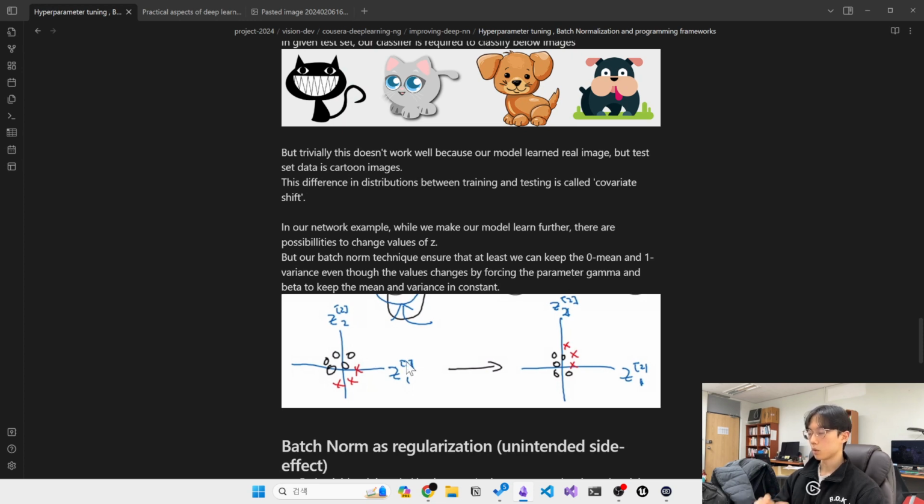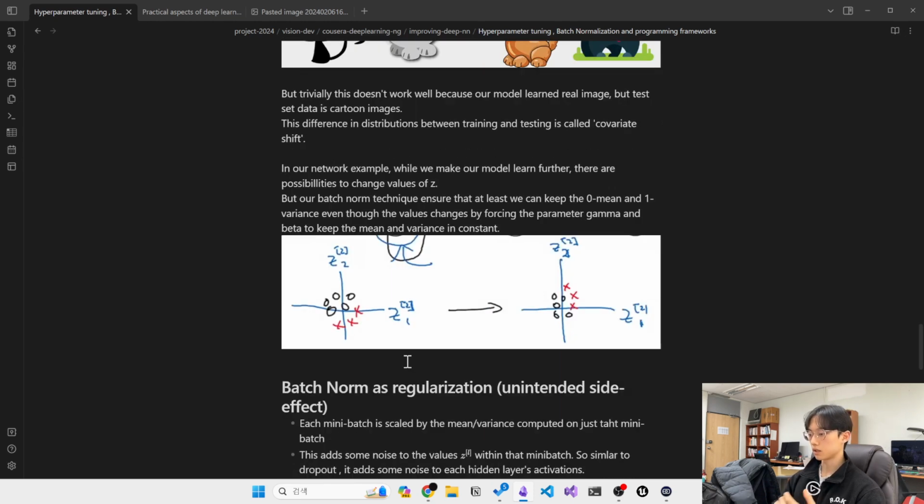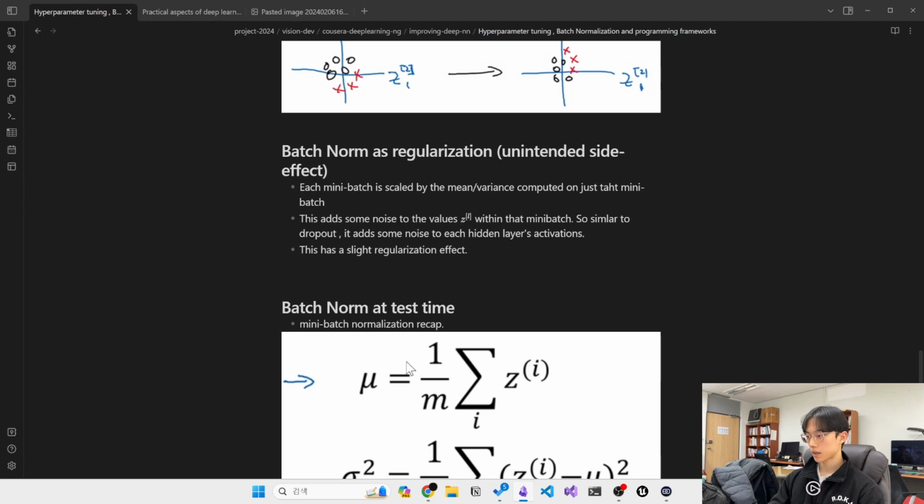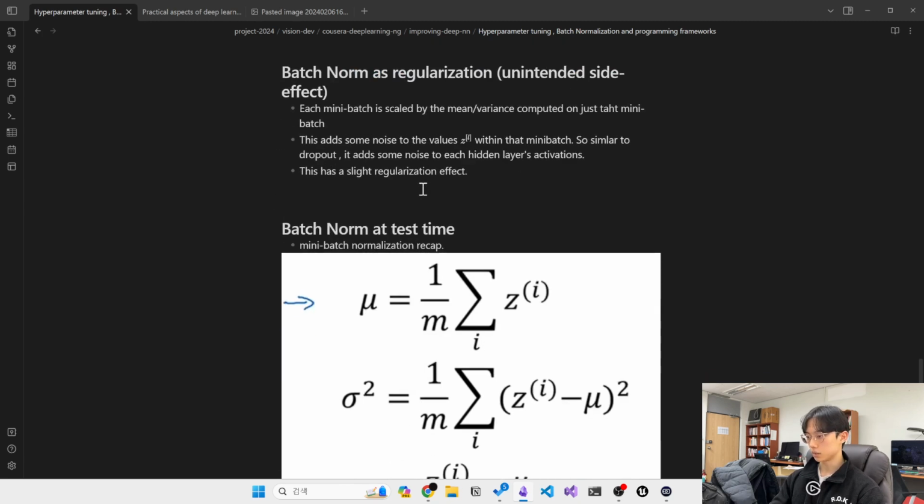But what batch norm does, by learning gamma and beta, is keep the mean 0 and variance 1, even though we take several steps in the learning. So we can keep the distribution of the values stable. There is also an unintended side effect in batch normalization.